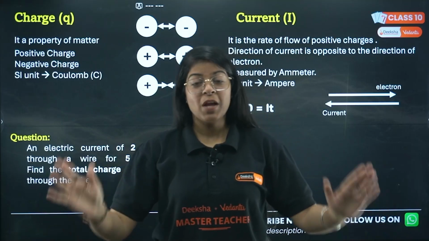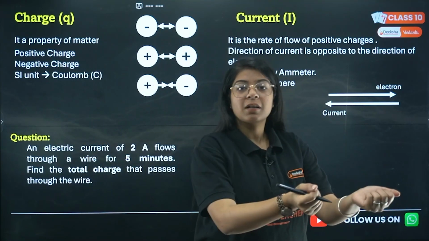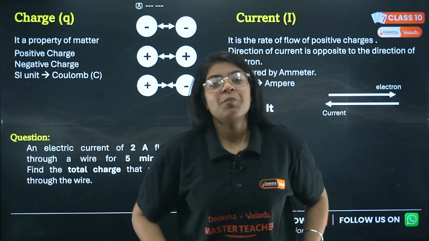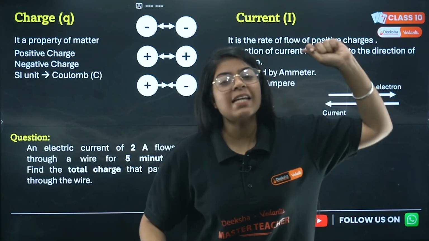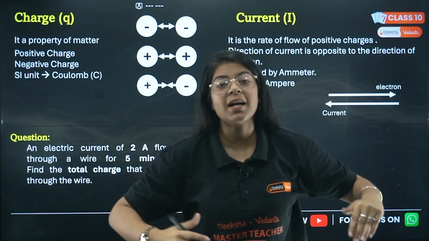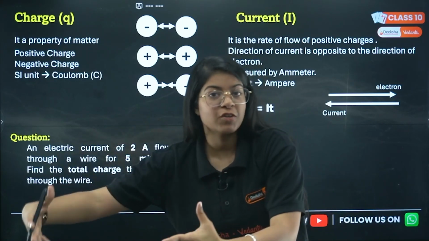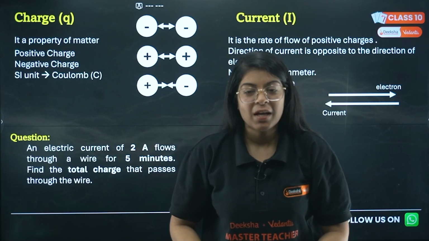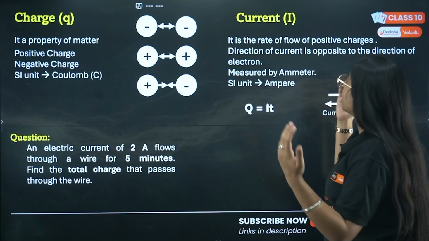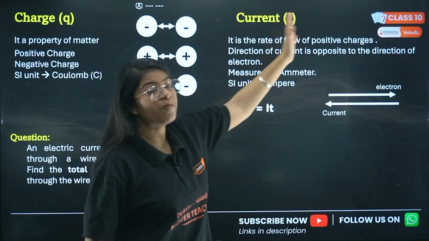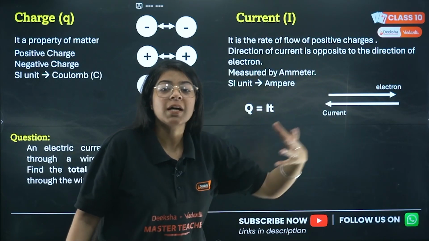All about charge. Moving on, if I try to move that charge, if I send that charge from a plug to the fan with the help of a wire, that is called motion of a charge. And the motion of charge per unit time, the rate of flow of positive charges, is called current.